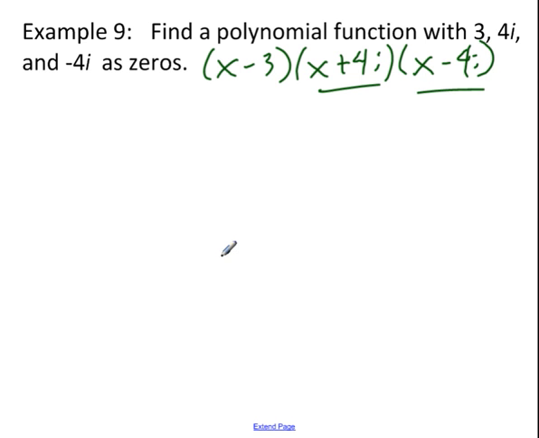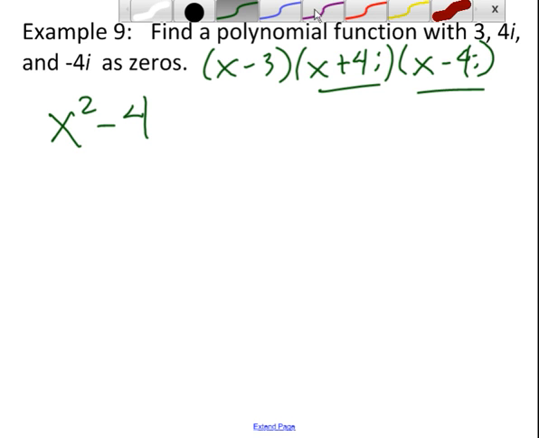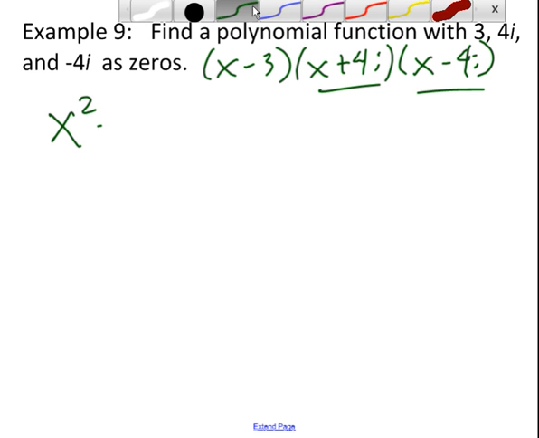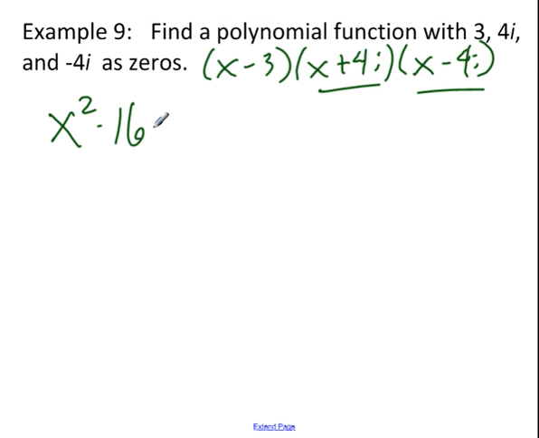Alright, we're going to multiply our 2 with the i on it first. That's going to give me x squared minus, not 4. What am I doing? That's minus 16i squared. Using my pattern, know that I square the front, square the back. Now, the i squared is going to cancel and change that to plus, so I've really got x squared plus 16.